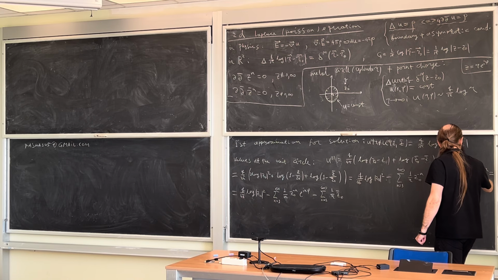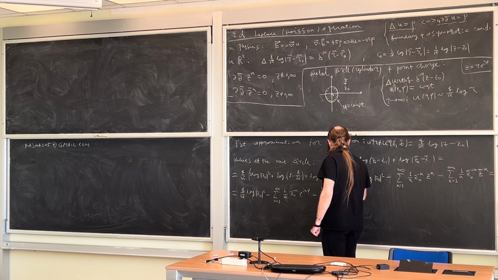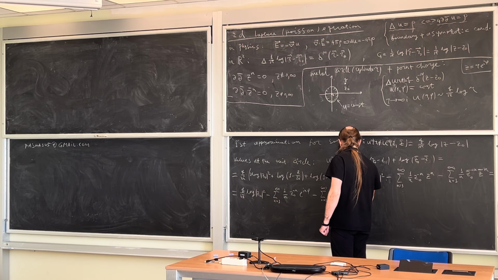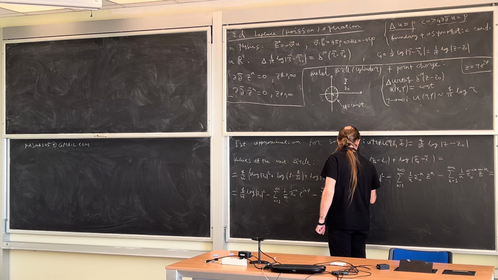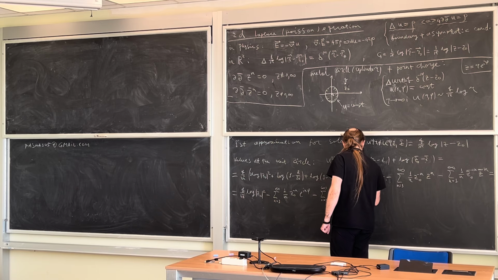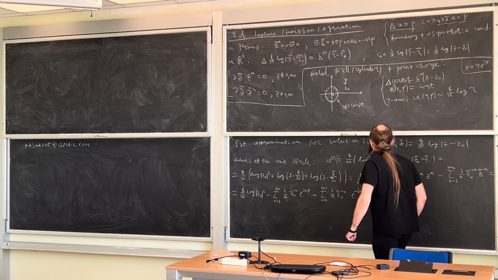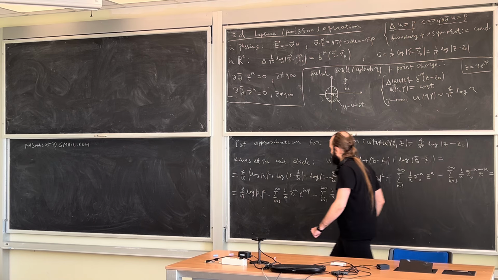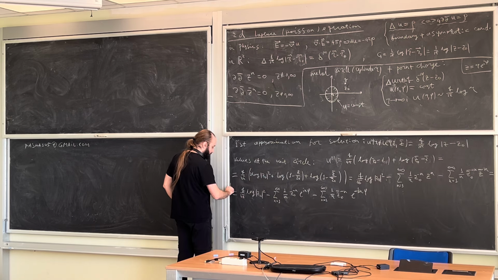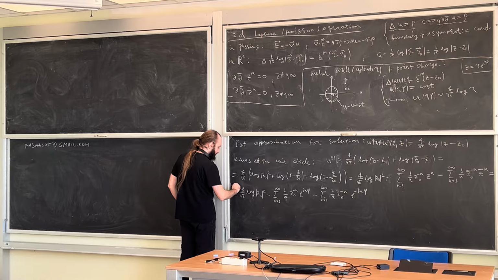Sorry, it is minus n, when the absolute value of z equals 1.